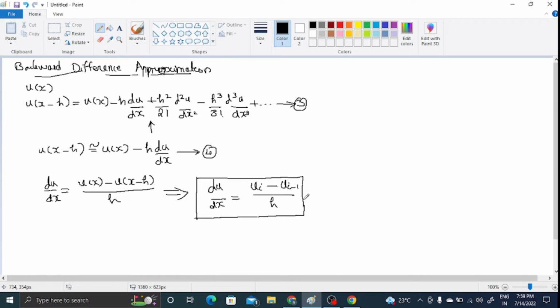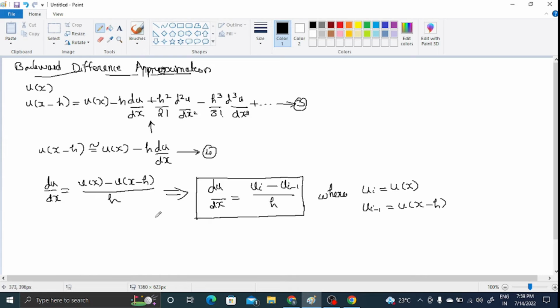Okay. So du by dx is equal to ui minus ui minus 1 divided by h, where ui is nothing but u of x, and similarly u of i minus 1 is u of x minus h.